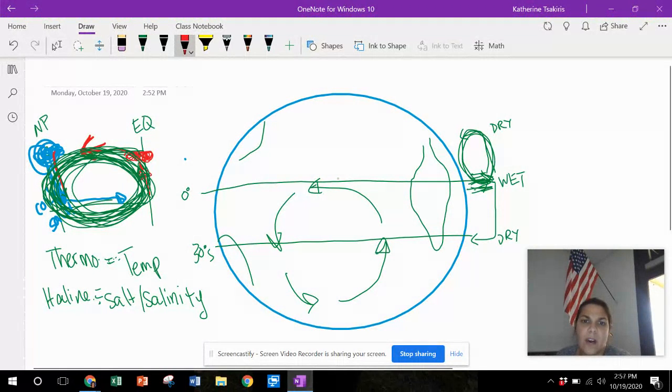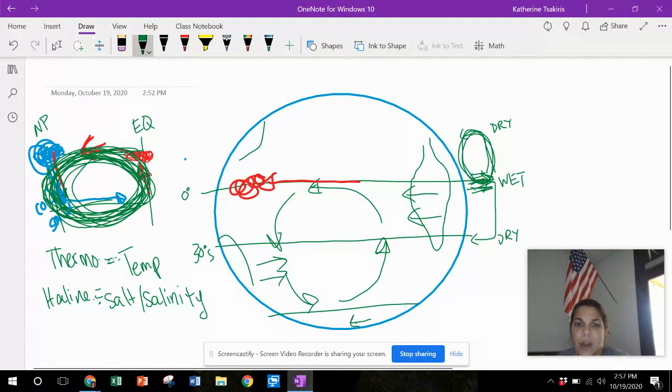So what you have here is warm water being pushed all the way over here because you also have these prevailing winds that go this way here and this way here. Sorry, I didn't draw in the polar winds, but nobody really cares about them. Sorry, poles.